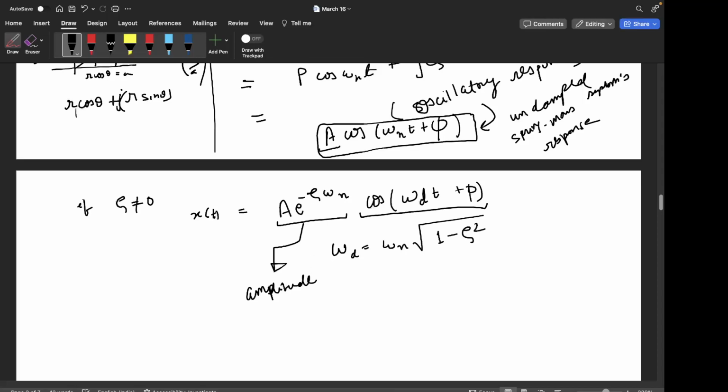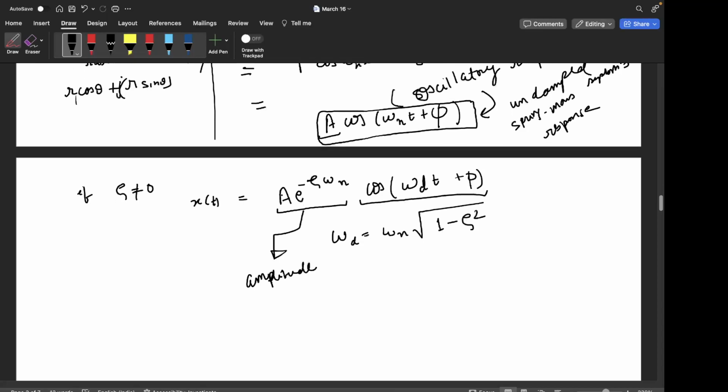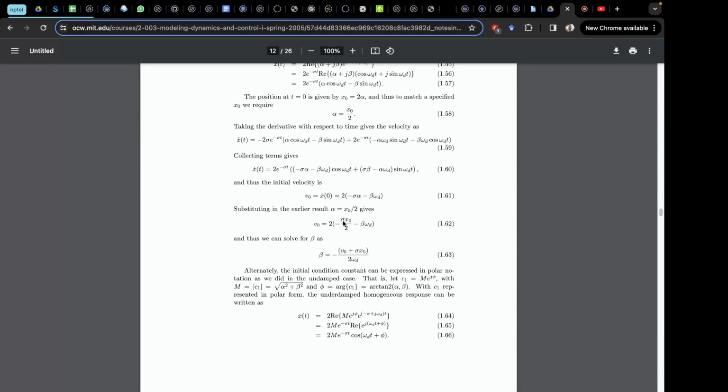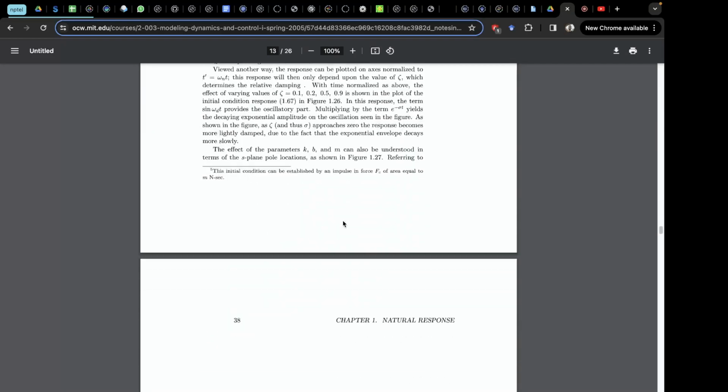Initially it was just A, now it's A times an exponential, and the exponential has a negative exponent, so it's a decaying exponential, right? So the amplitude is decaying.